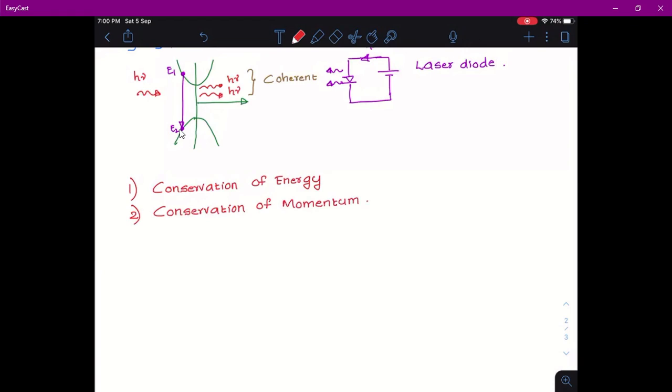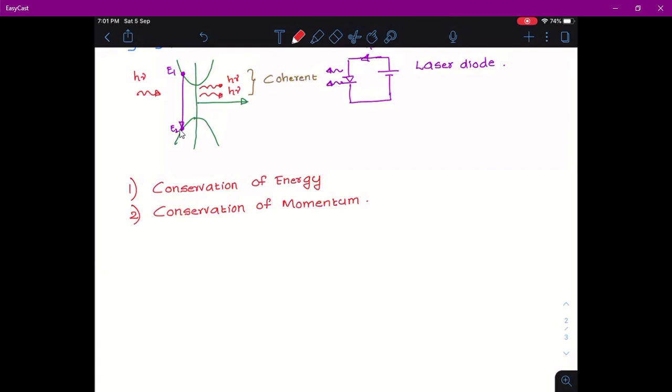Along with energy, the momentum of the system is also conserved. The momentum before the initial stage and after the initial stage is the same.